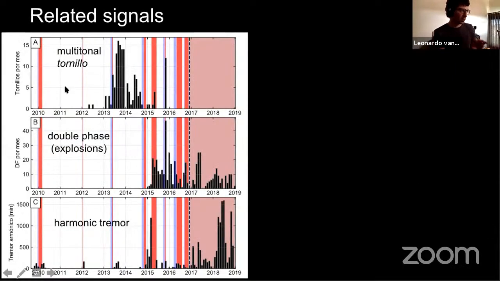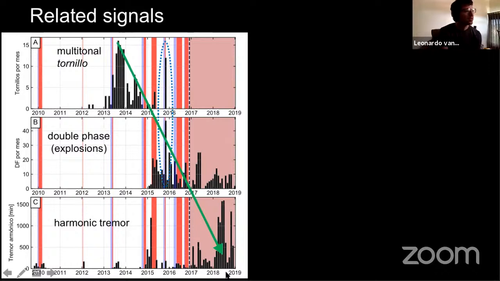So here we have the time series of these three signals from all the recent activity from 2010 to 2019. What we have here is the tornillo, the double phase, and the harmonic tremor. Something very interesting is that, again, we see this relationship, and by the end of 2015 we see that there was a big increase in both types of signals.